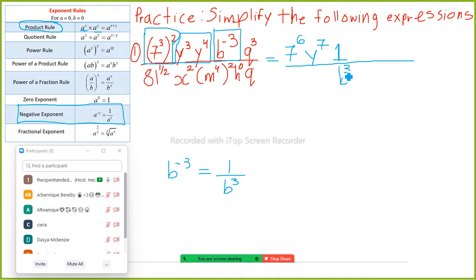Good. All right. And then I have q to the 3rd power and q. So what is this? Q to the 3rd power over q. So what rule is this one? Quotient rule. I heard someone say it. It's quotient rule.